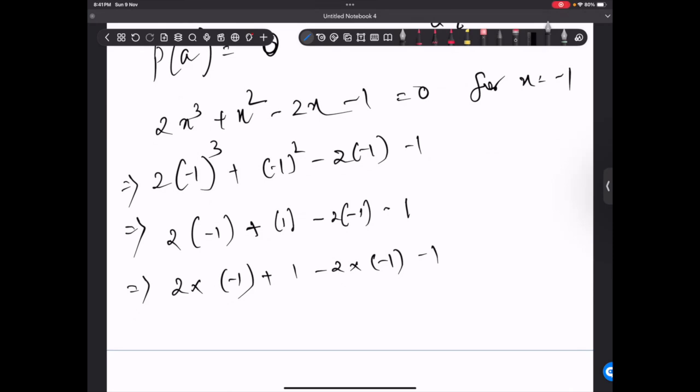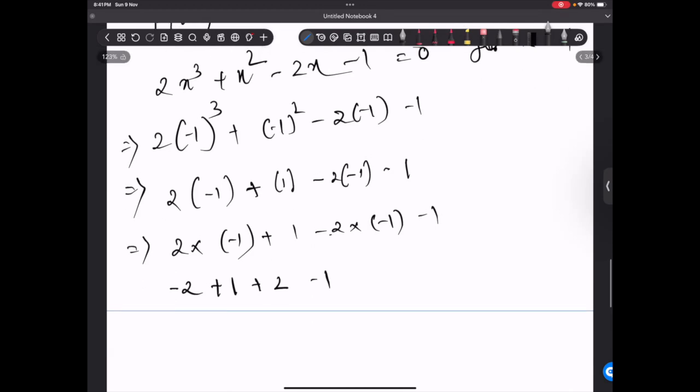So plus minus is minus 2 plus 1, minus minus becomes plus when it gets multiplied. So plus 2 minus 1. Now how much will that be? That will be 1 plus 2, 3.